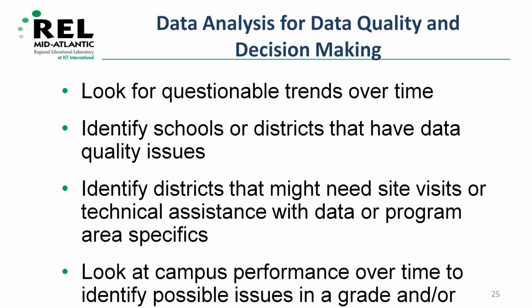Which districts or schools might need a site visit or a phone call if you've got persistent data quality issues or questions? It might be within a given program area, or it might be just random all over what's going on. Look for possible issues. Is there a grade or subject issue? Is it a curriculum issue? Is it a 5th grade math teacher issue or a cohort of students? What's going on?